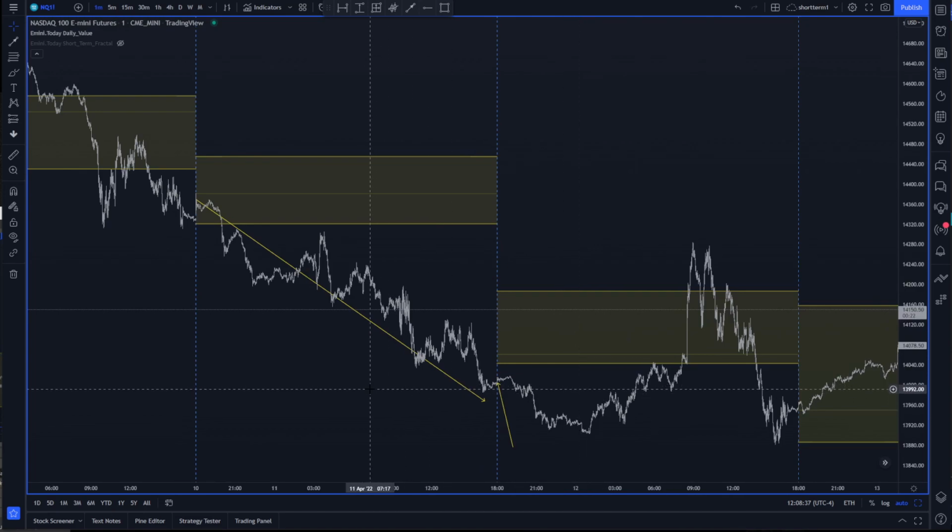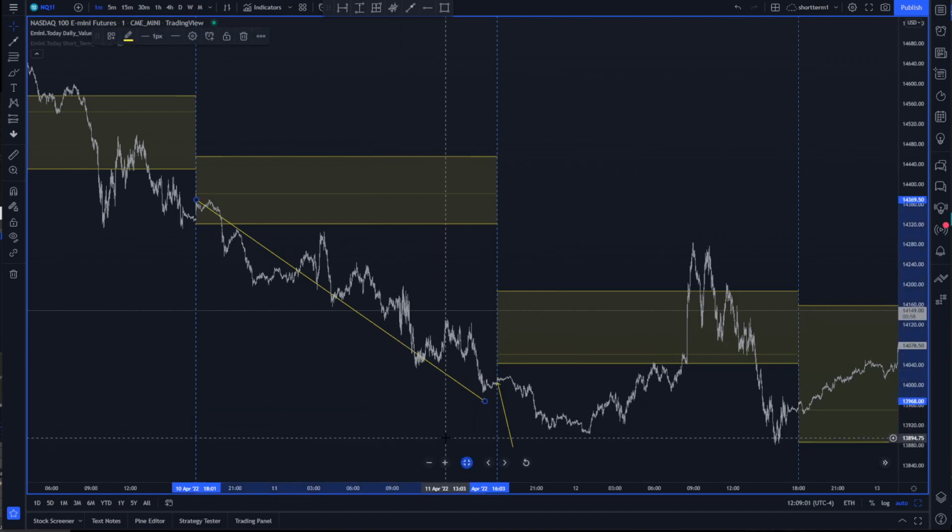There are two ways to do it with a short-term fractal, and in this video, I will tell you about the perfect setup. The perfect setup is the one where all the parts of it are in place and in ideal conditions. What are these ideal conditions?